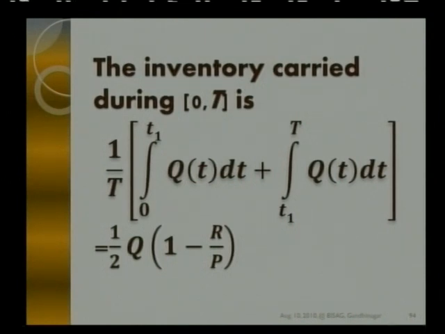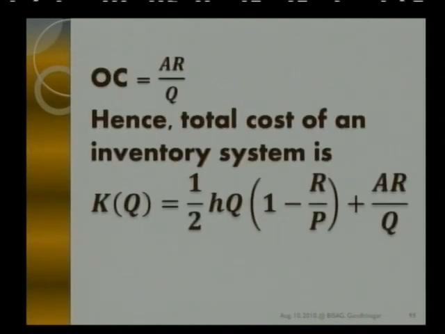So the total inventory carried during 0 to capital T, that is during the cycle time, will be 1 by 2 into Q times 1 minus R by P. R is demand, P is production. And ordering cost is A R by Q as usual. So the total cost turns out to be the sum of inventory holding cost plus ordering cost.